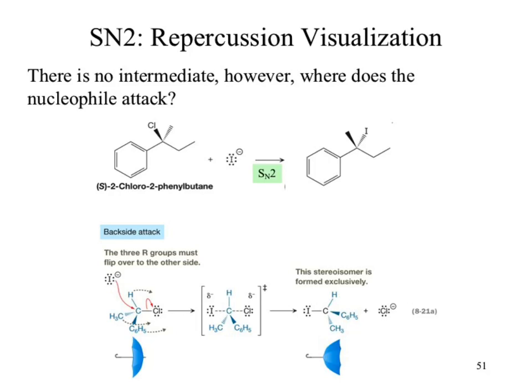If your nucleophile and the remaining pieces have similar priorities, you may not necessarily see a full shift from S to R or R to S. It may very well maintain. It just depends on those priorities. You will still always get the umbrella flip.